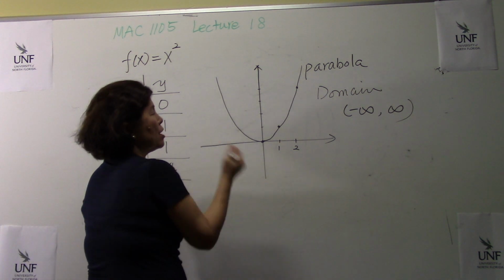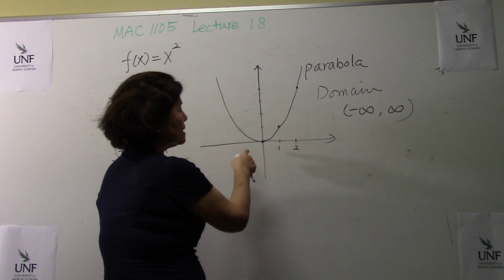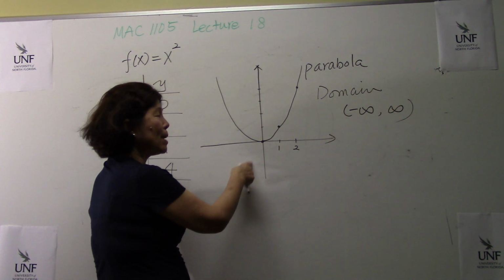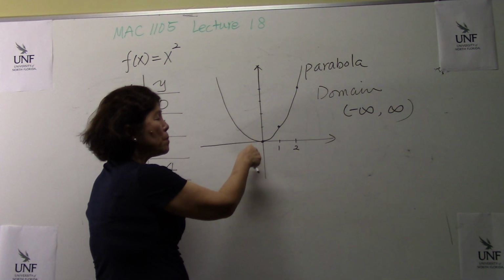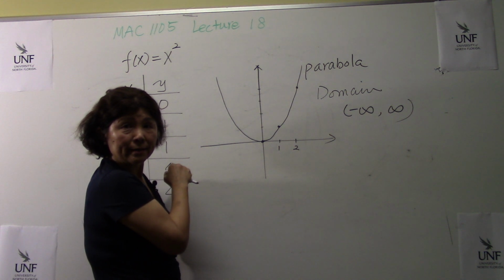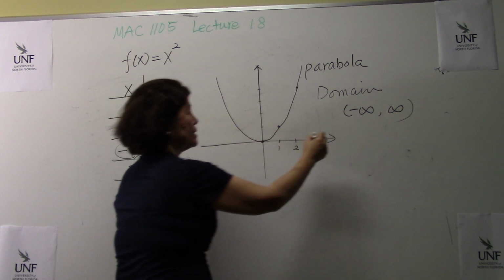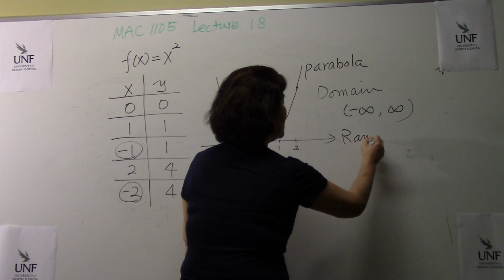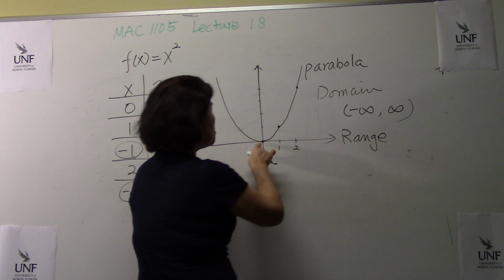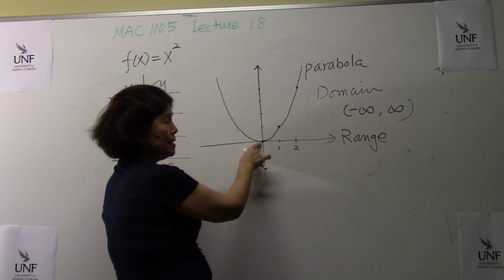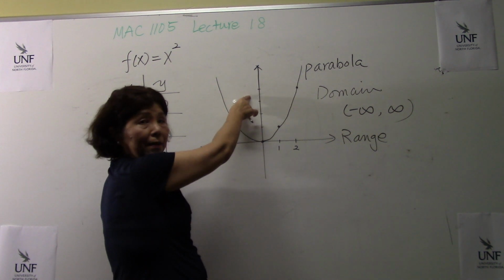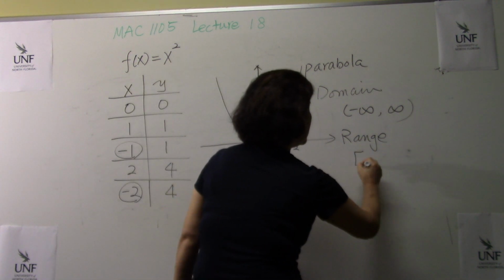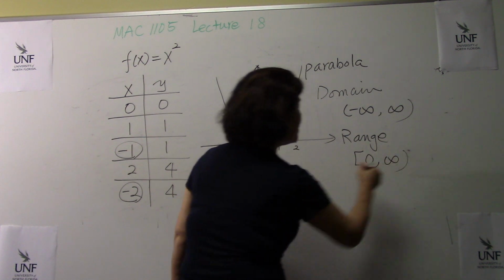When you square a number, the result is not going to be a negative number. That's why the graph does not go below the x-axis. So what does that mean? The minimum y value is 0 or positive. Therefore, the range is from 0 to infinity.